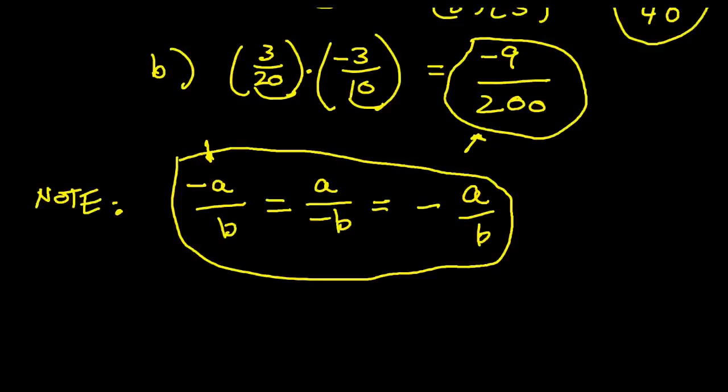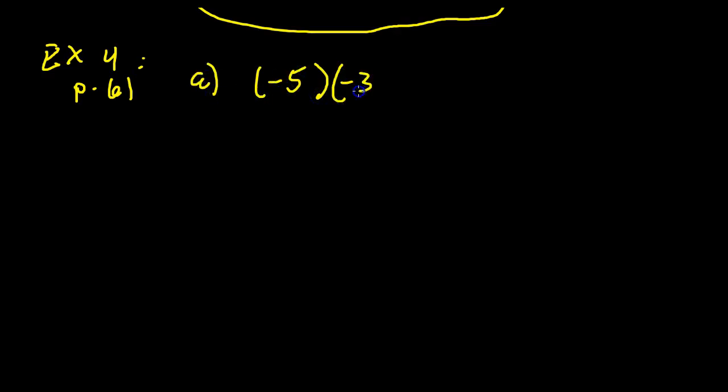All right, let's try another one out of the text. Example 4 on page 61. This is part A. Here the book gives us a string of products, a string of multiplications.